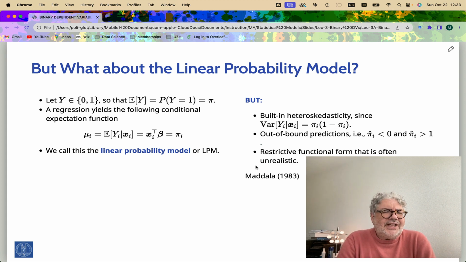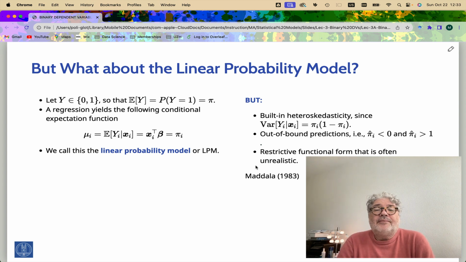One is that it has built-in heteroscedasticity, because the variance of a binary dependent variable is pi times 1 minus pi. But here the variance is a function of x, so we're talking of pi sub i being a function of x sub i, and the variance is equal to pi i times 1 minus pi i.